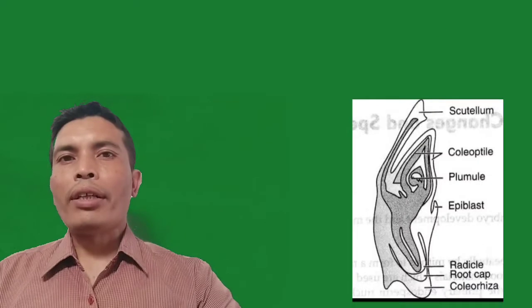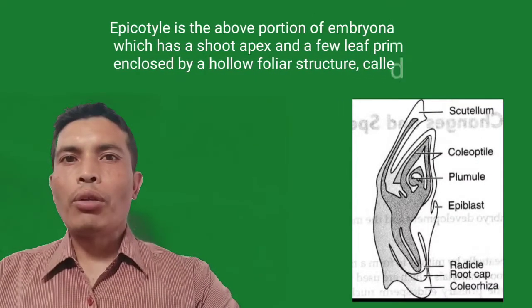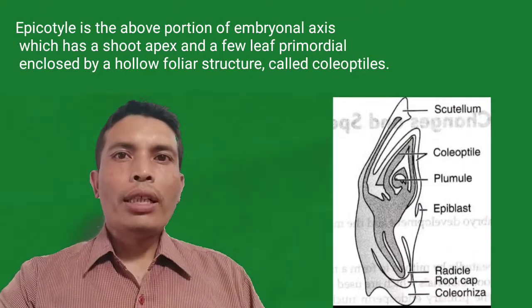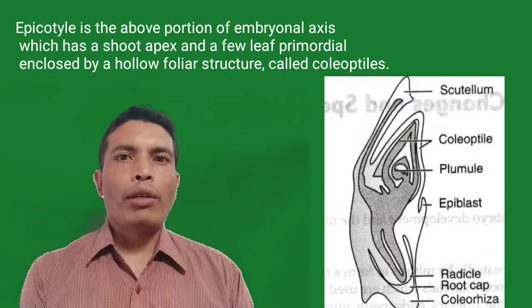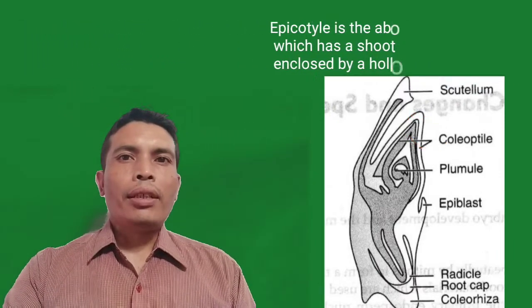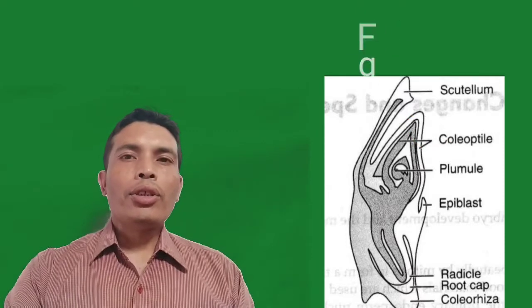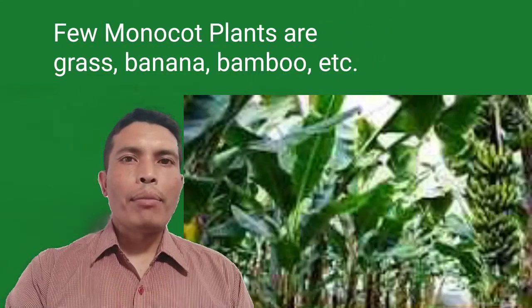The portion of the embryonal axis above the level of attachment of scutellum is the epicotyl. The epicotyl has a shoot apex and a few leaf primordia enclosed in a hollow foliar structure called coleoptile. Some examples of monocot plants are grass, banana, and bamboo.